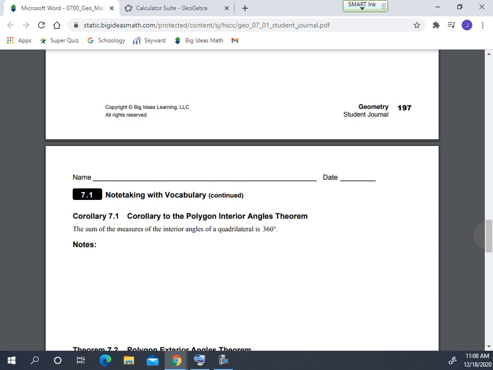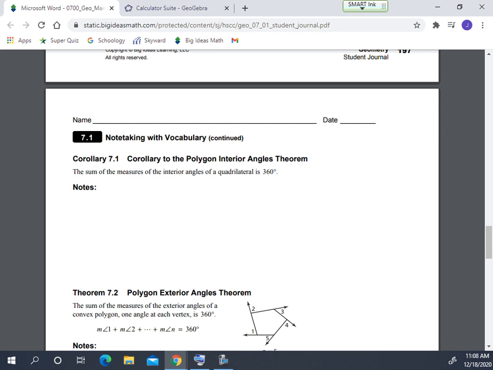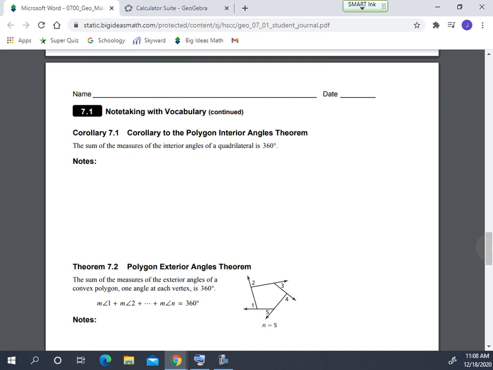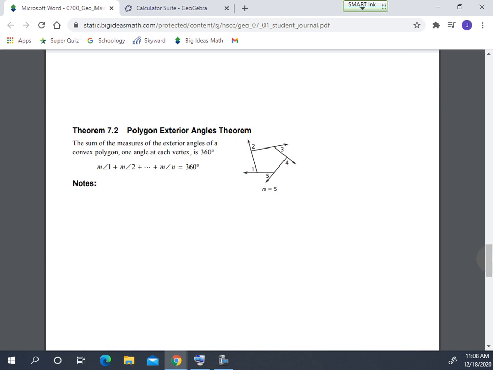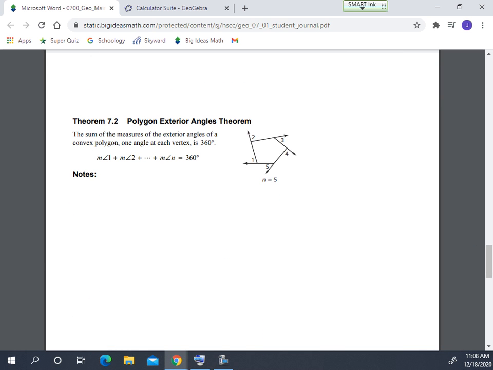Important note here. The sum of the measures of the interior angles of a quadrilateral is 360. That's not the one I'm talking about. We just talked about that. This one right here, the polygon exterior angles theorem. You probably didn't know this.